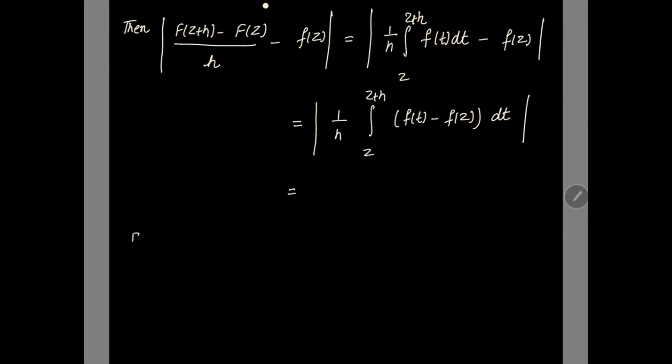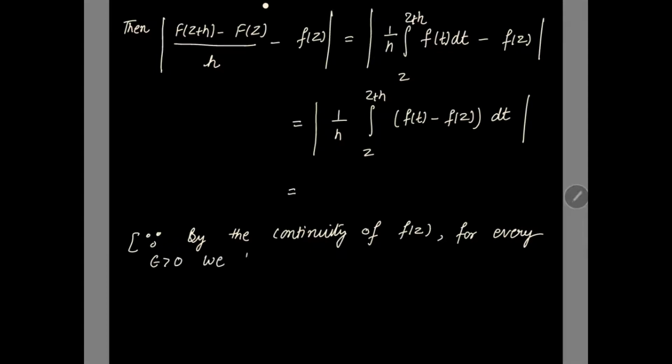See, by the continuity of f(z), for every positive epsilon, we have mod of f(t) minus f(z) less than epsilon, right? Taking mod of h sufficiently small.